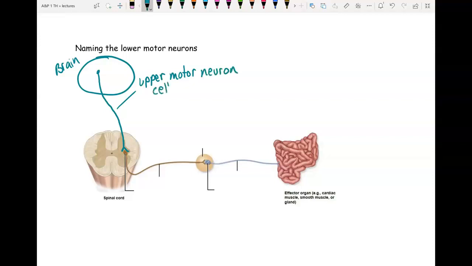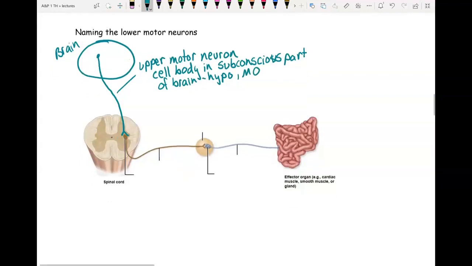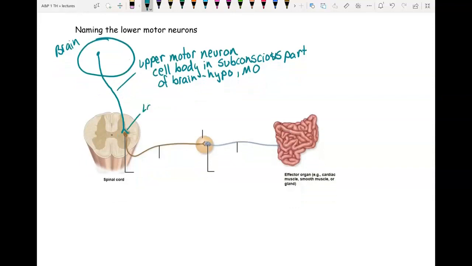It's going to have its cell body in a subconscious part of the brain. And that could be such as the hypothalamus or the medulla oblongata, a couple of examples. It comes down here to the lateral horn of the spine.